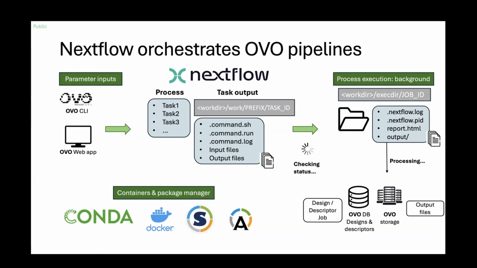I want to stress that the database and the Ovo storage are the single database and Ovo storage that you set up on your local machine or on your server by yourself, and this can be shared amongst all the team members. So it's something that really speeds up this overhead that we usually have in different organizations, both academic and in companies.